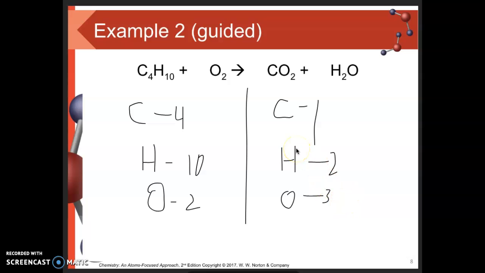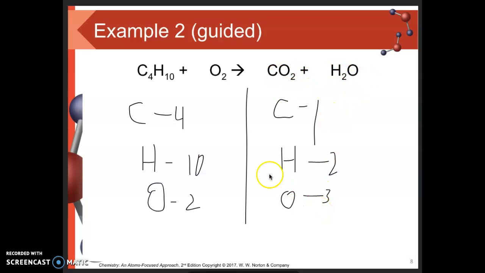One thing to notice about combustion reactions like this is since we have oxygen in multiple places here, we have to be sure that we're remembering to add. The amount of oxygen on the product side isn't just the amount in the water, and it isn't just the amount in the carbon dioxide, but it's actually the sum of them.